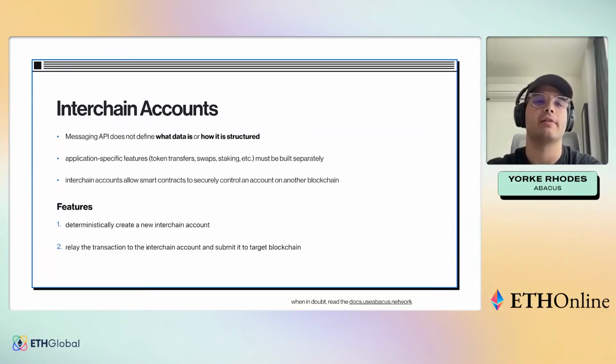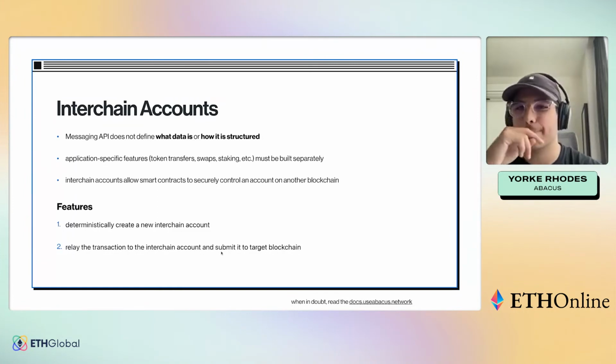So this is the idea of deterministically creating an account, and then subsequently allowing the controlling account on the source chain to relay a transaction to the interchain account that gets submitted and executed on the target blockchain atomically.